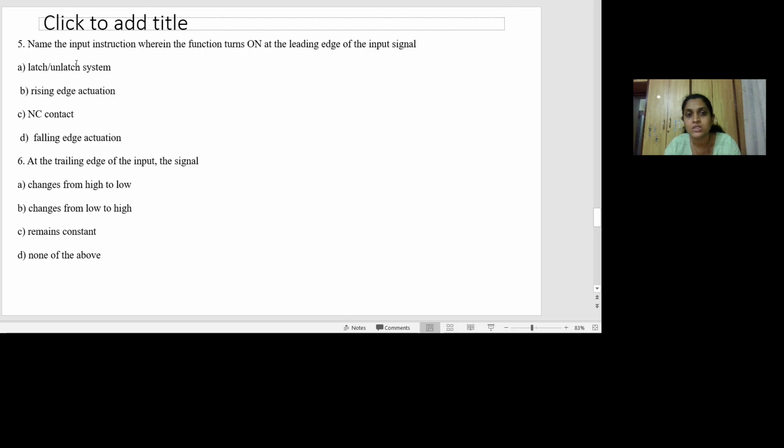The next question is name the input instruction wherein the function turns on at the leading edge of the input signal. The options are latch unlatch system, rising edge actuation, NC contact, falling edge actuation.